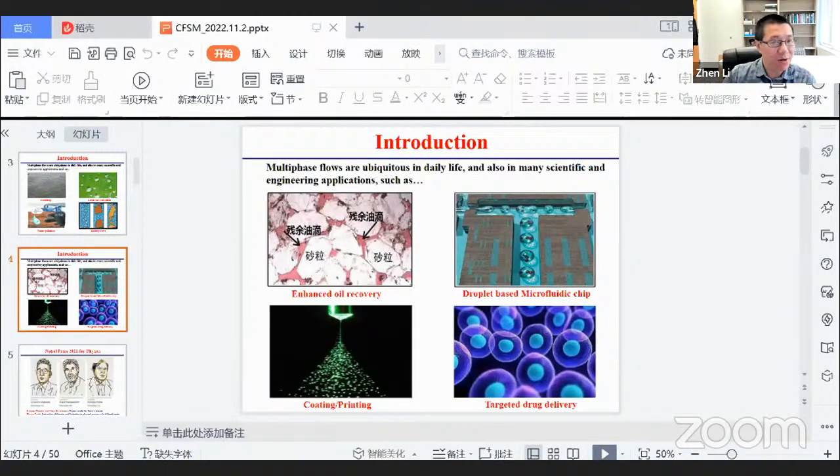Maybe you can use this window to do your presentation, but you need to indicate which page you are currently on. Is that okay? You can use the PowerPoint window to do your presentation. Is this the window? Can you see it?